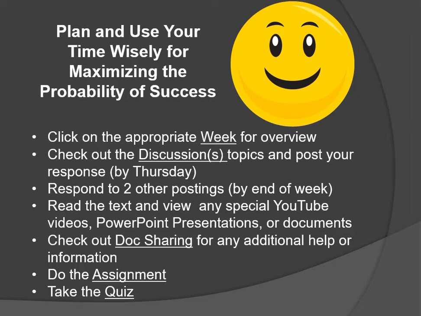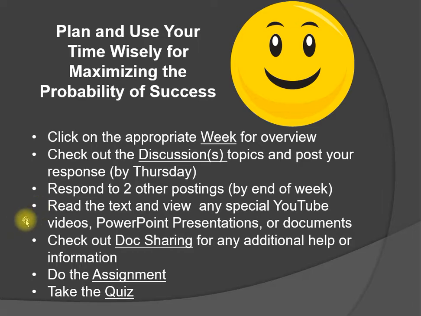When it's an online course, more so I think than face-to-face, you really have to plan and use your time wisely. It's awfully easy to procrastinate and think, well, I'll get to it. So each week, when the week starts on a Monday, right after midnight, and ends on Sunday at midnight, look for the overview.